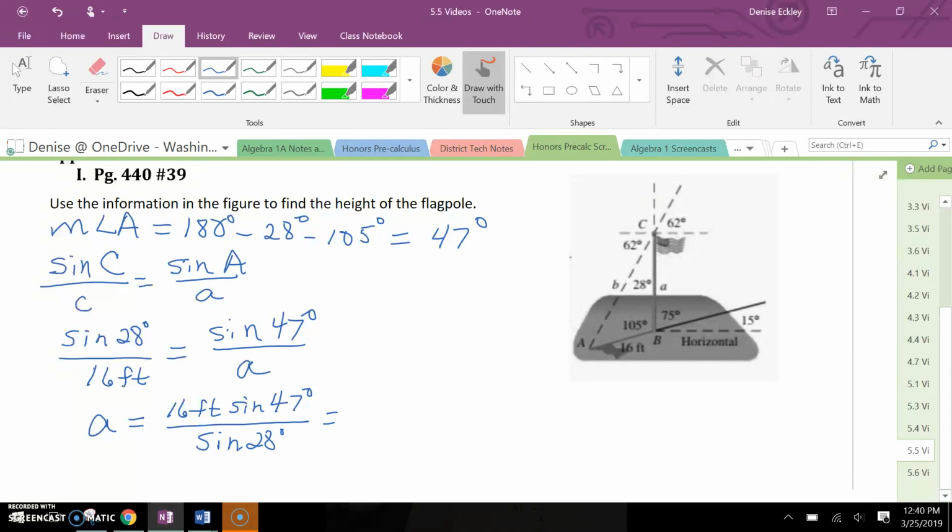And when you put that in your calculator and simplify it, we get a value of 24.93 feet, almost 25 feet tall.